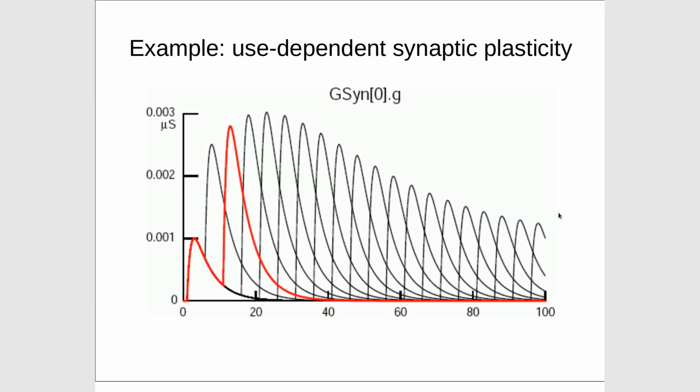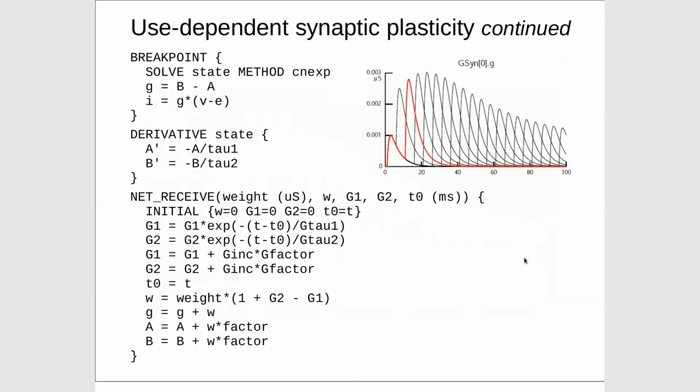How can we do that, and how can we do that efficiently? This code does it. Here are the 2 equations that govern the exponential response. Okay? 2 exponentially decaying variables, and the difference between them gives us this envelope.